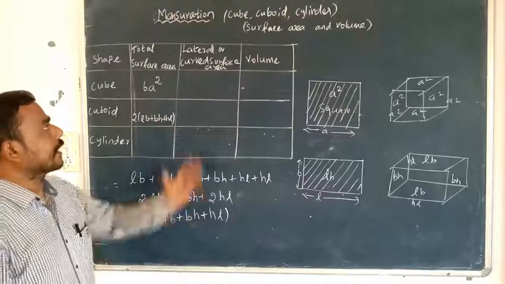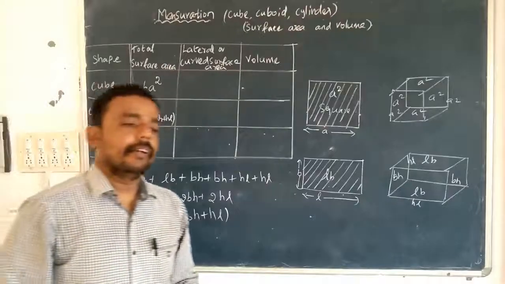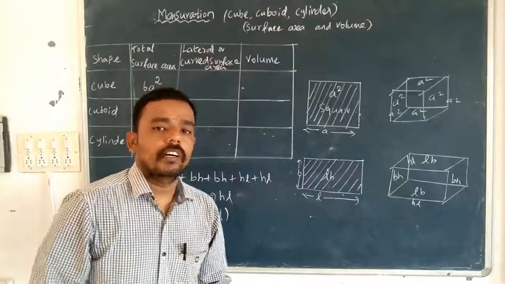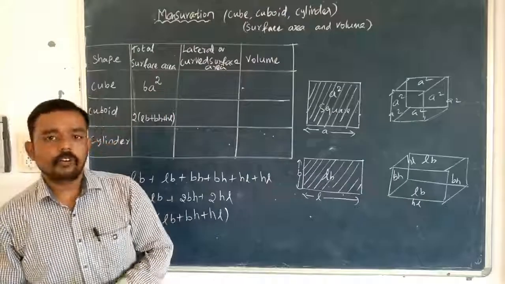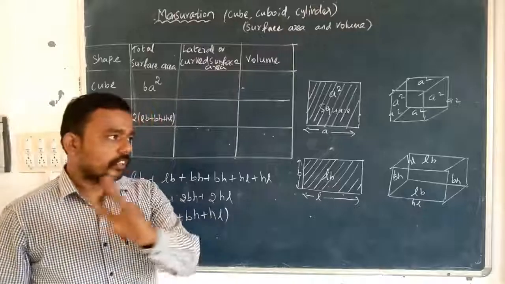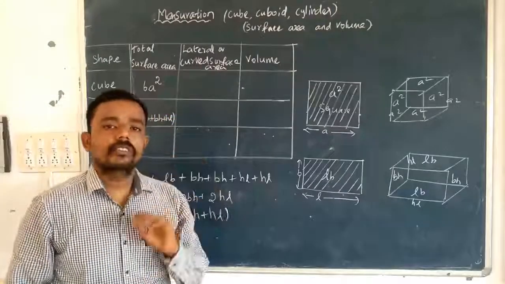Now come to the lateral surface area. What is meant by the lateral surface area? Just remove the floors. Suppose you are in your house or in a school, we need to analyze the walls. Just remove the floors.